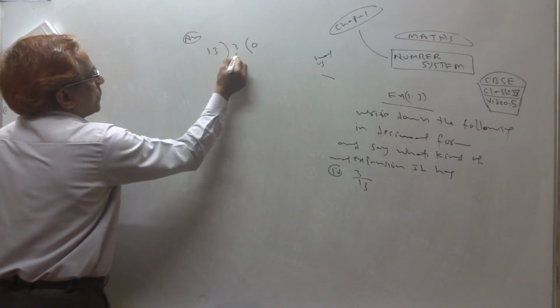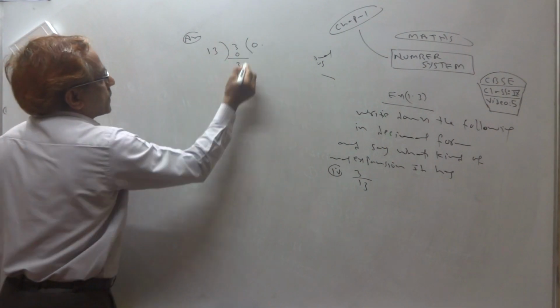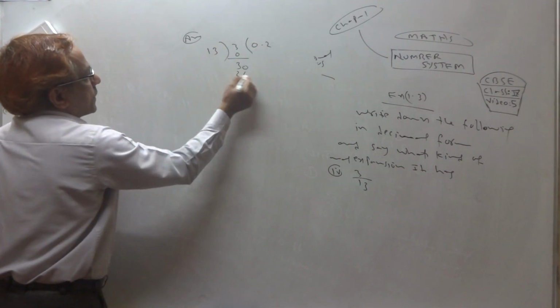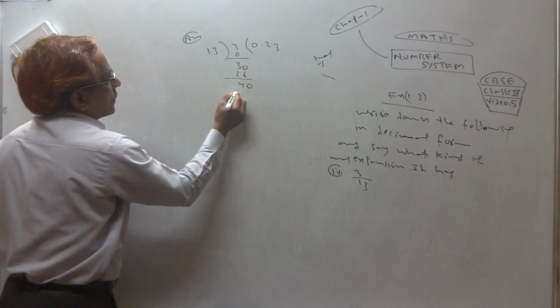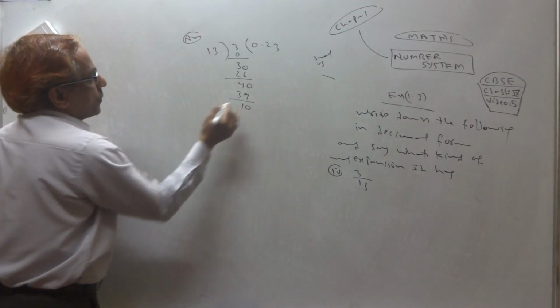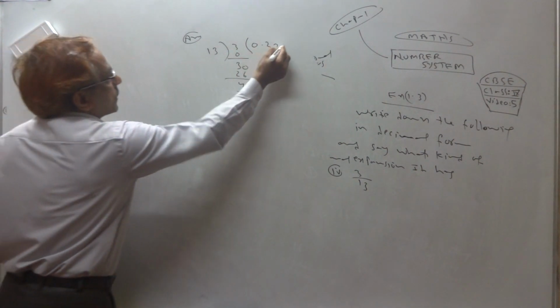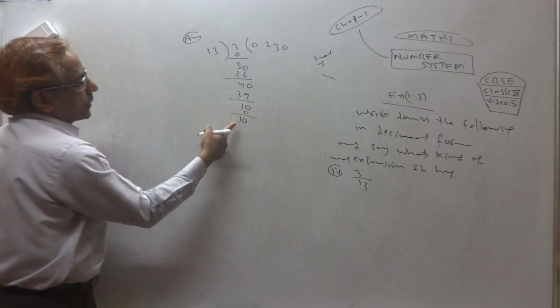13 zeros are 0. 3 left. Put decimal 0. 13 twos are 26. 4 left. 0. 13 threes are 39. 1 left. 0. But it's not going. So 13 zeros are 0. 10 left.